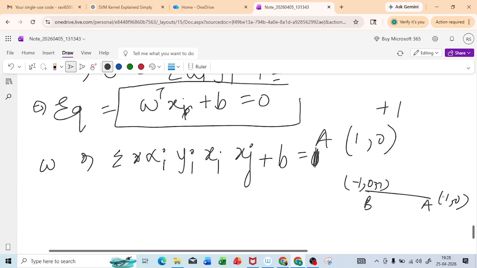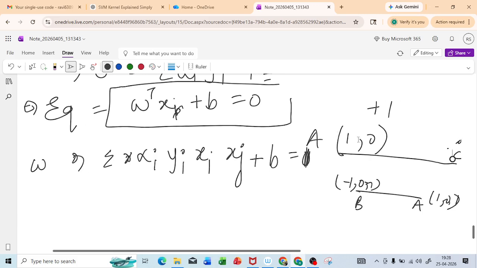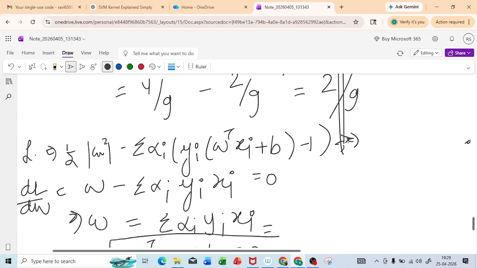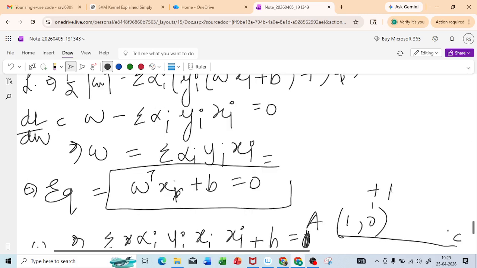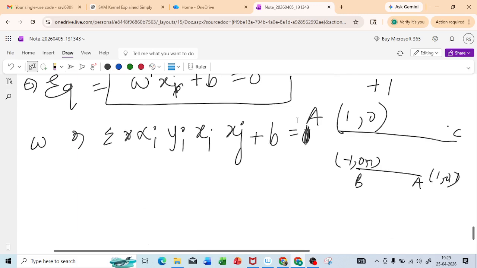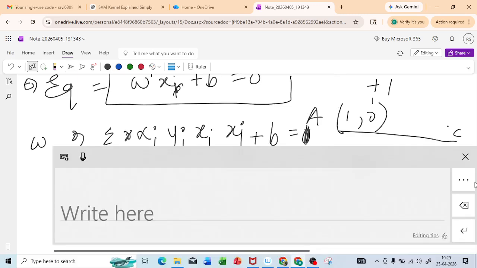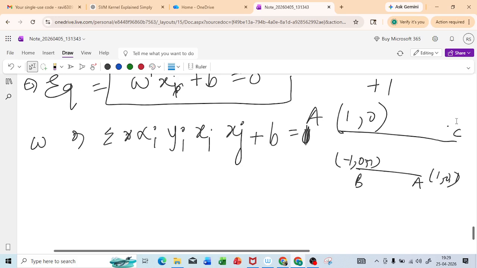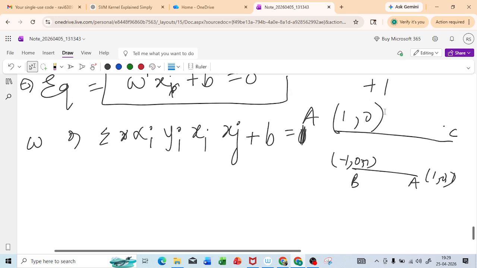Let's imagine this in the hyperplane, and then we are saying this is C comma D, which was 2 comma 0 comma 4, and then minus 2 comma 0 comma 4. Now we are talking about this point.